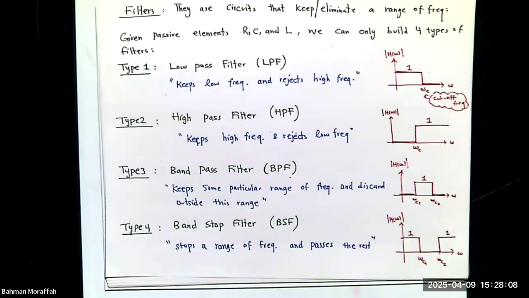And since for type 3 and type 4, I need two cutoff frequencies, I cannot do it with the first order, but I can do it with the second orders. Right? That's why type 3 and type 4 filters are known as second order filters, and type 1 and type 2 filters, which are the high pass and low pass, are known as the first order filters. Okay? Any question on this before I give you some intuition about why they're actually called filters?